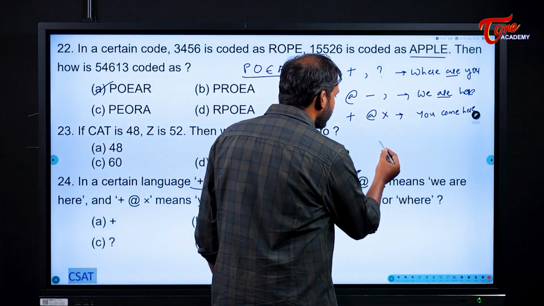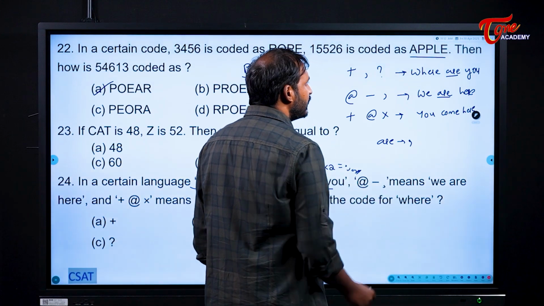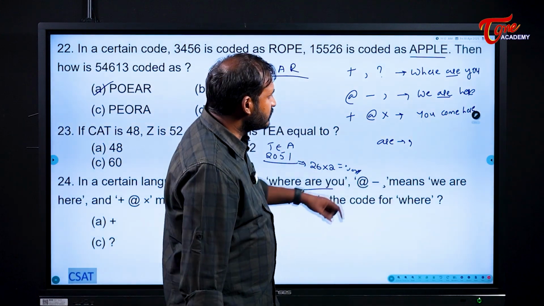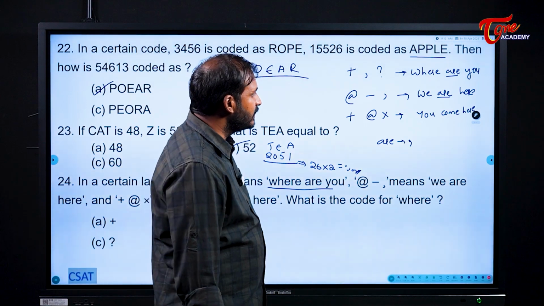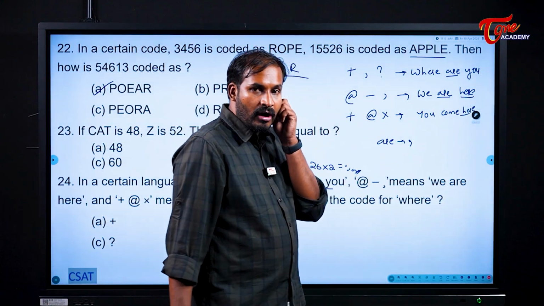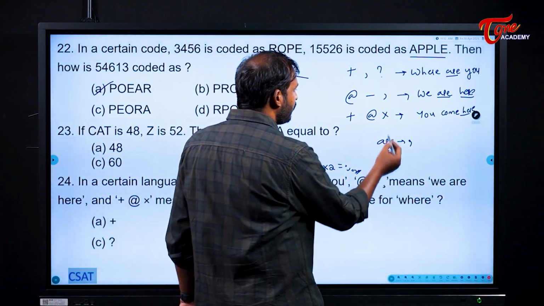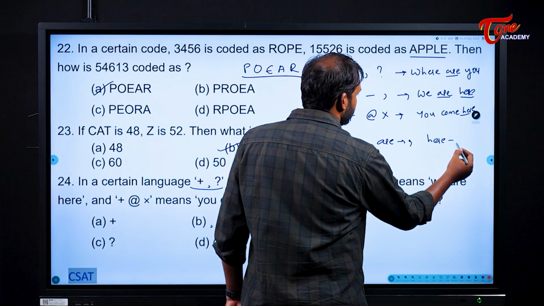So the code for R is comma. Okay, R is done. Next, what is common between these two? We are here, you come here, here and here, right? So what is the code for here? At the rate. So here will be coded as at the rate.